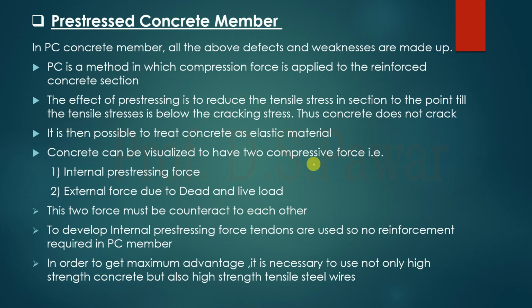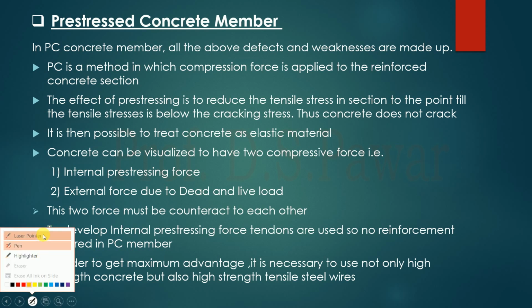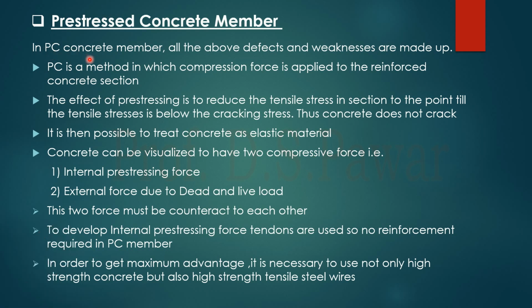Next, now you are going to see in detail what a pre-stressed concrete member is. In a pre-stressed concrete member, all the above defects and weaknesses that we have seen in the RCC member are made up. Pre-stressed concrete is a method in which compression force is applied to the reinforced concrete section. Already I have told you that we apply the compression forces in the tension zone.